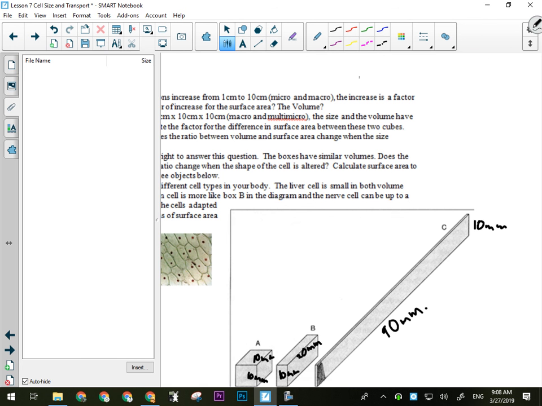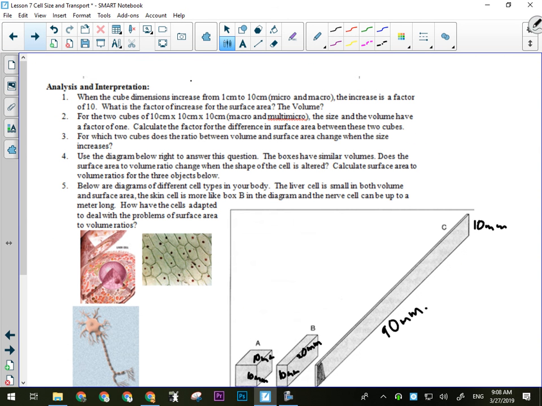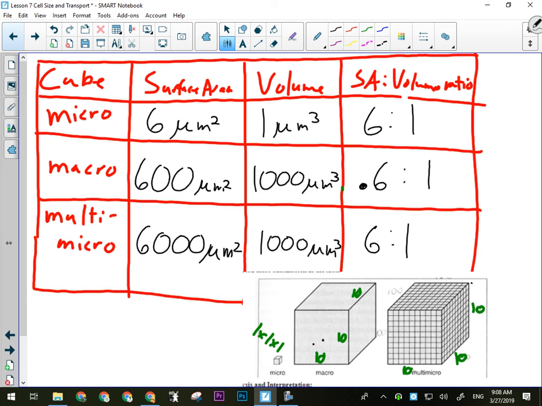So again, you go back to the chart and you go, okay, multi-micro is this big, macro is this big. How many times bigger is that? That's what you're answering there. For question number 3, for which 2 cubes does the ratio between volume and surface area change when their size increases? This one is a bit tricky. If I make micro bigger, it becomes macro. Does its surface area to volume ratio change?